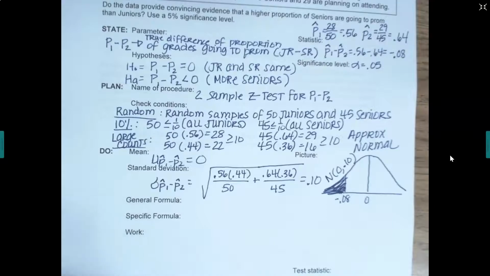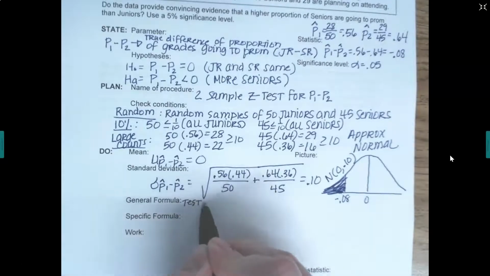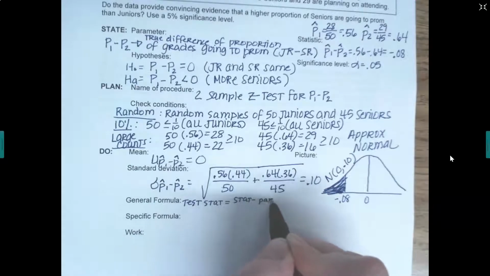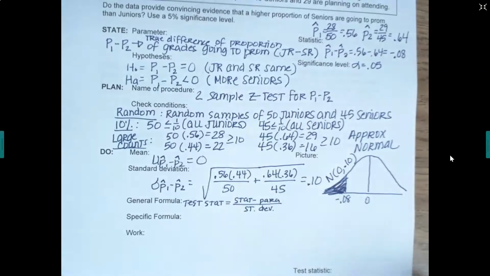The general formula is the words. So this is your test statistic, which is the z-score. It takes the statistic minus the parameter, divided by the standard deviation. Okay, because that's all your formula sheet says. It says it in words. It doesn't give you the specifics.